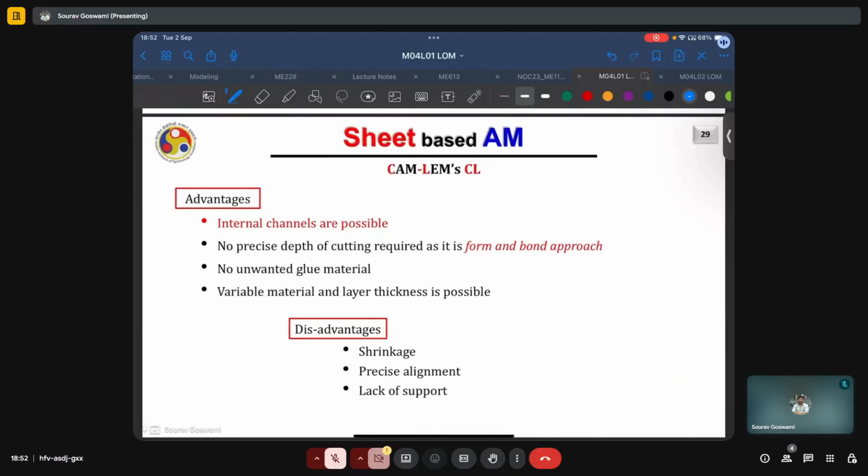Here, the advantages are that internal channels are possible, but then they're possible in other additive processes as well. Maybe not so easy in laminated object manufacturing type processes, and so it's mentioned here separately. Since it's a form and then bond approach, no precise depth of cut is needed.